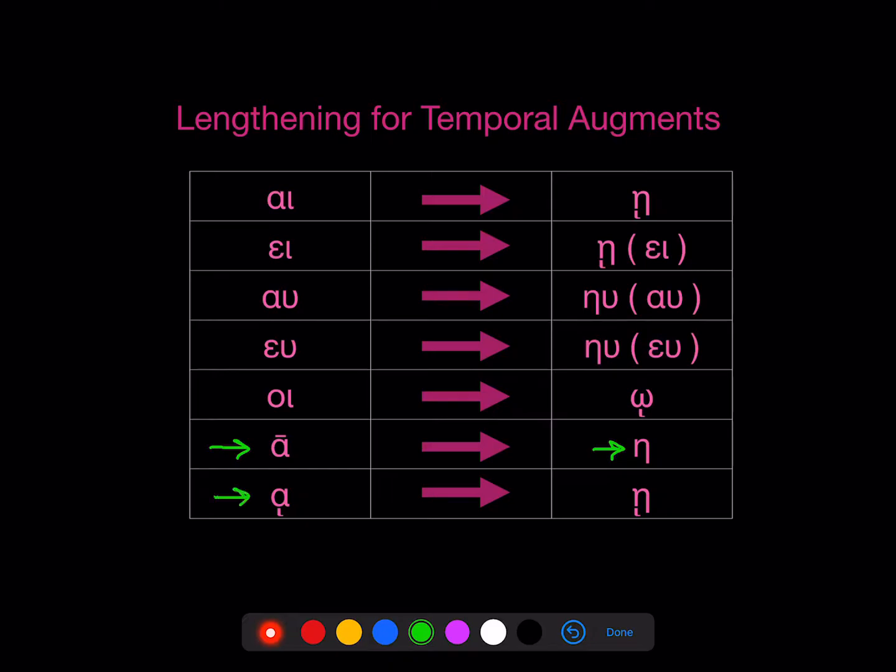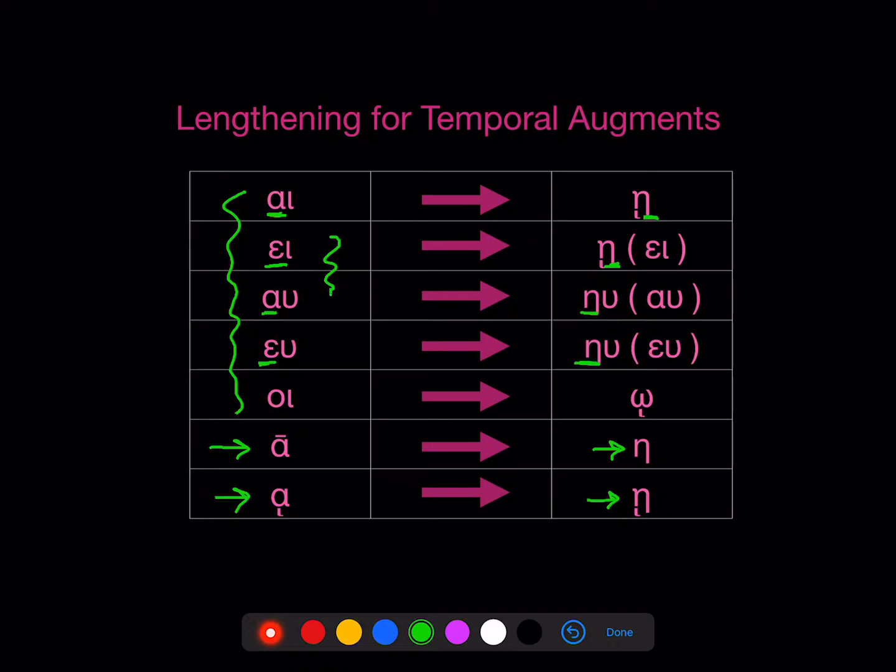And long alpha with iota subscript becomes eta with iota subscript. All of these, look, the first vowel just becomes its longer version, okay? The first vowel becomes its longer version.